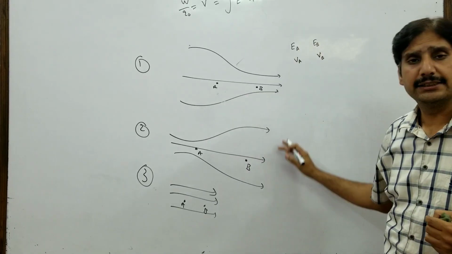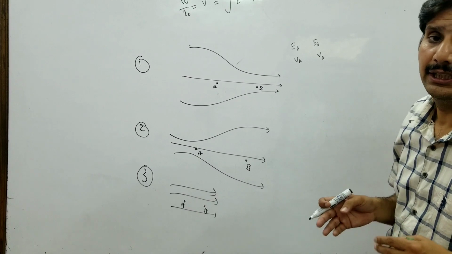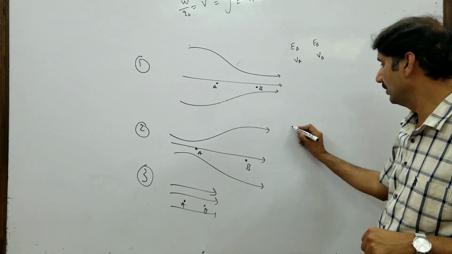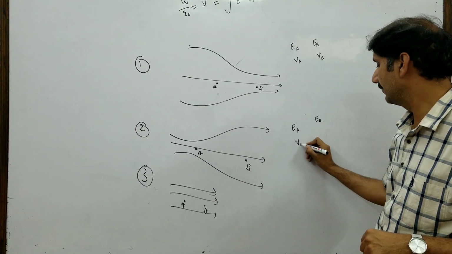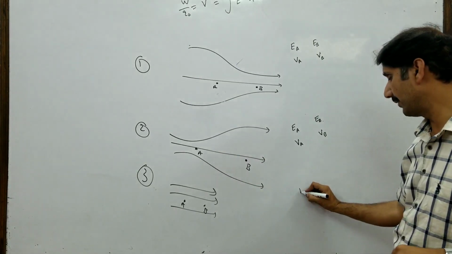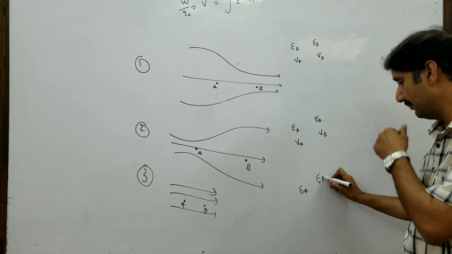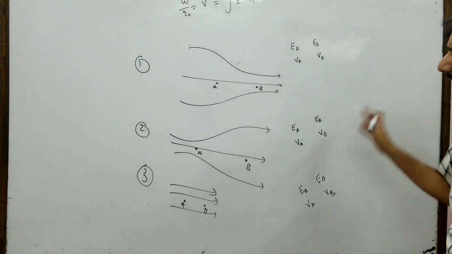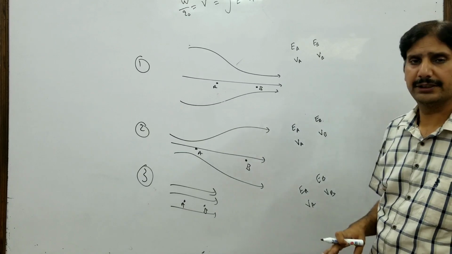I want to see the relationship of electric fields at points A and B and electric potentials at A and B. In this case also, I wish to find out the same relation, VA and VB, and in this case as well, the same relationship between EA, EB, VA and VB. I could have written more cases reversing the electric field, but I think the idea would be clear in these three cases only.